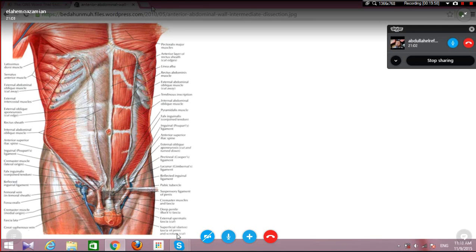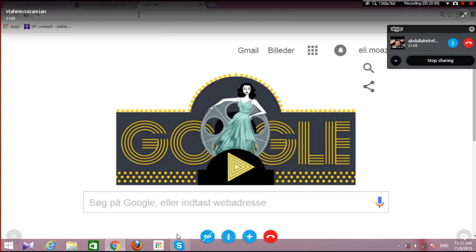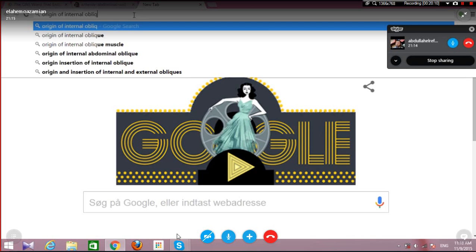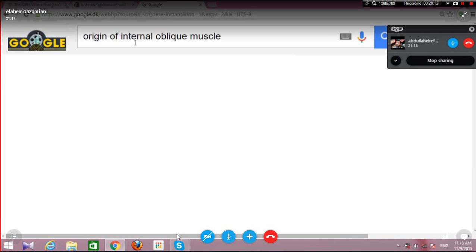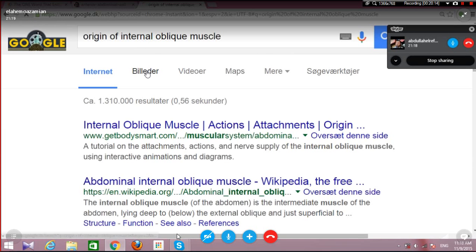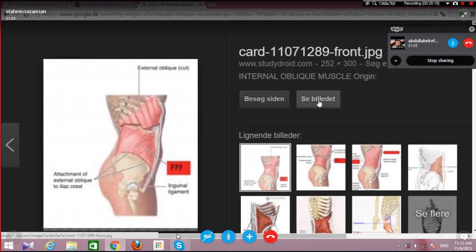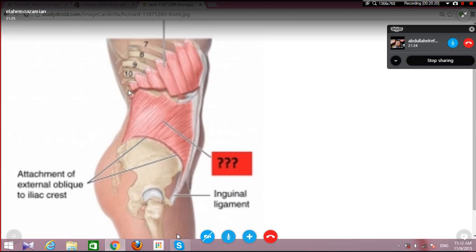This one originates from the back. Here on the back there is a fascia called the thoracolumbar fascia. We'll look at it later.